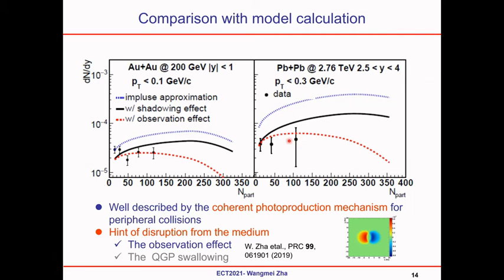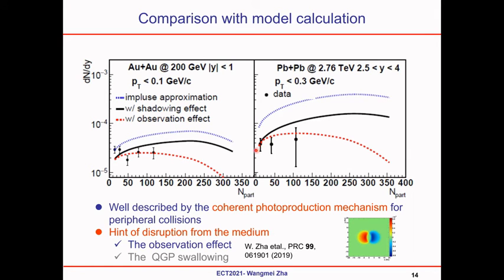Also, I think for the ALICE measurement, it is obvious that the impulse approximation overestimates the data. And then if we put in the shadowing effect extracted from the UPC measurement from the previous slide, we get the solid black curve.